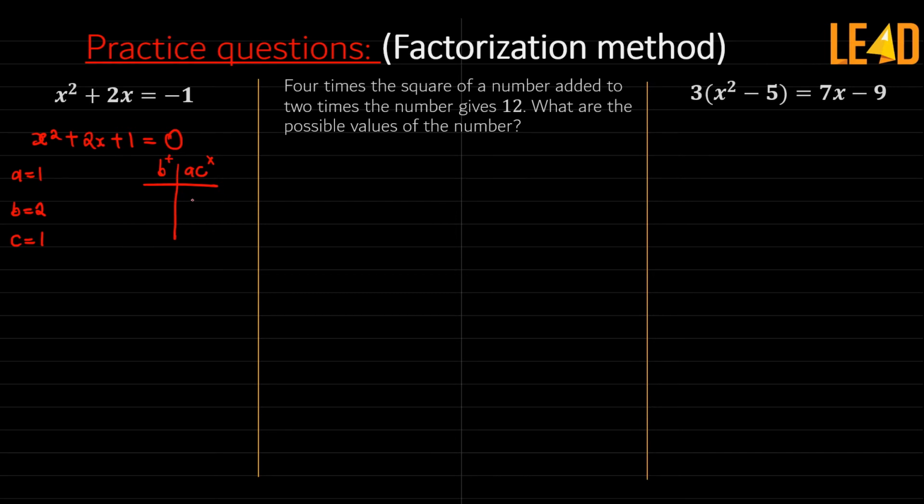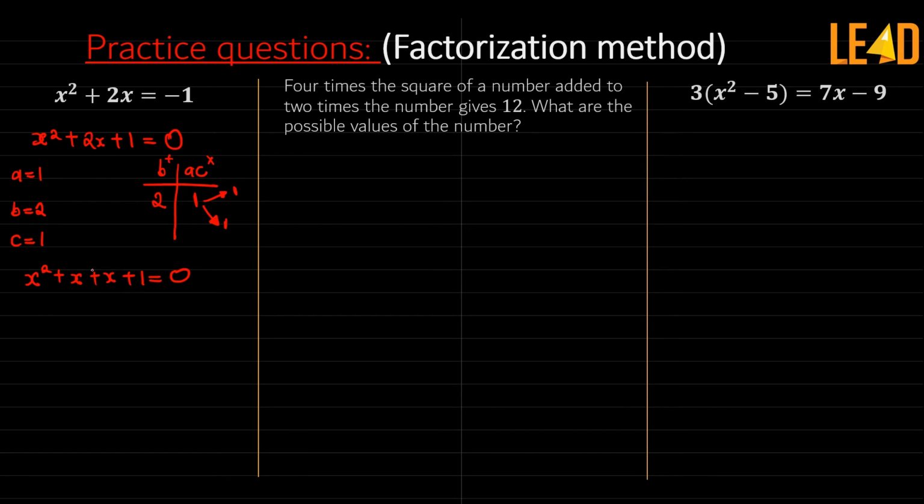AC is 1 times 1, which is 1, and B is 2. Two numbers that multiply to give 1 and add to give 2 obviously have to be 1 and 1. If I plug this back in, I would have x squared plus x plus x plus 1 is equal to 0.